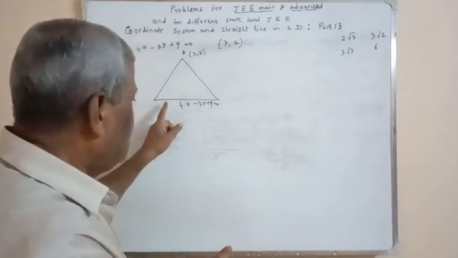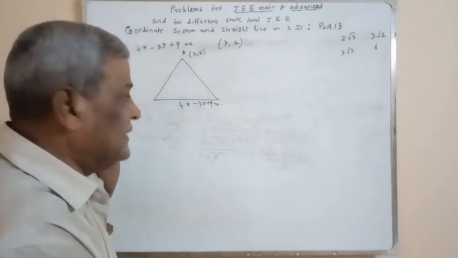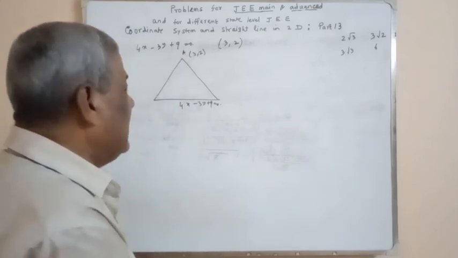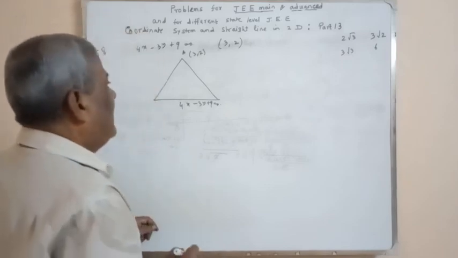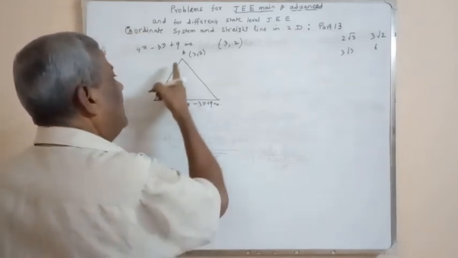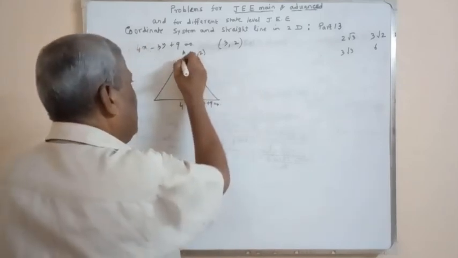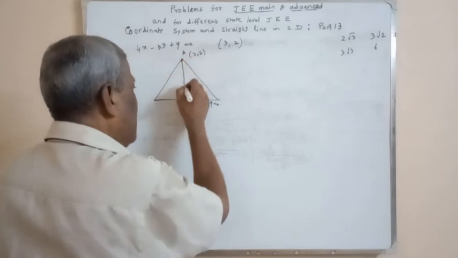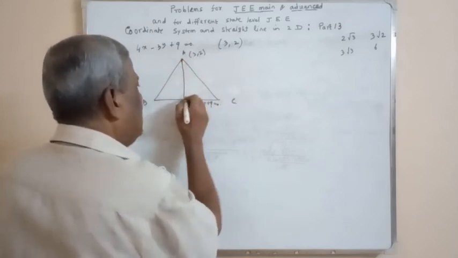Equilateral triangle, this is one side, its opposite vertex is that. Then we have to find the length of each side of the triangle. Now each angle is the same, that is all 60 degrees. Perpendicular is drawn from this to that. A, B, C, let it be D.